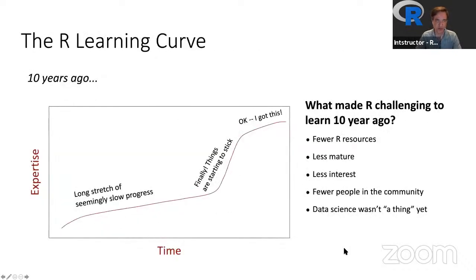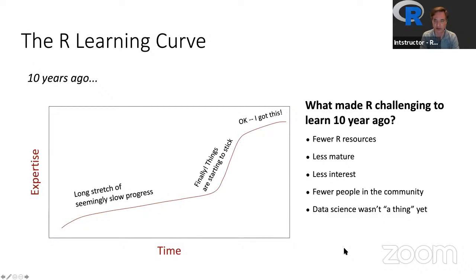Okay, a little bit about the R learning curve. If we go back, say, 10 years ago, let me admit, R can be a little bit of a quirky language, and it can be difficult to start learning and getting comfortable with it, particularly in the very beginning phase. And 10 years ago, that was, I think, particularly so. R was not as popular. There weren't as many resources.